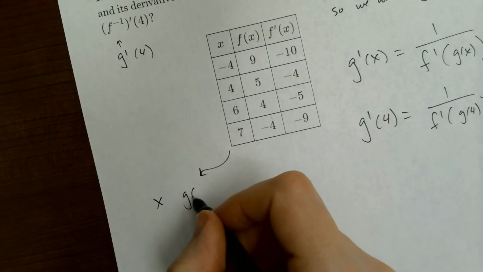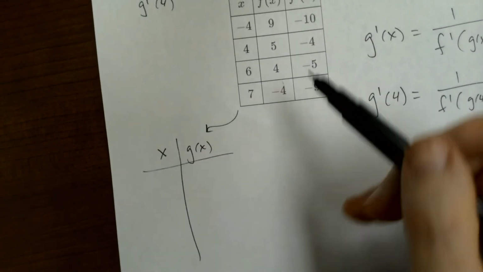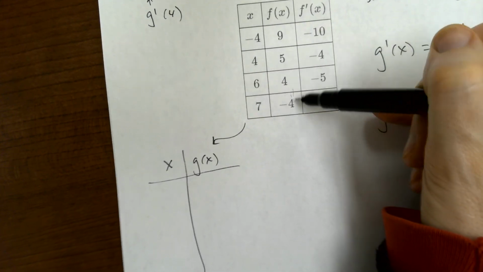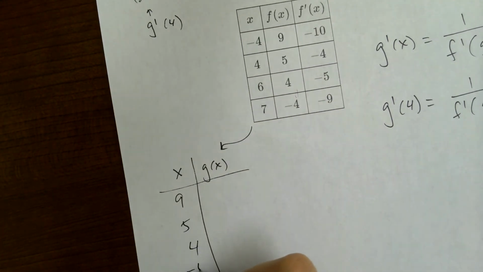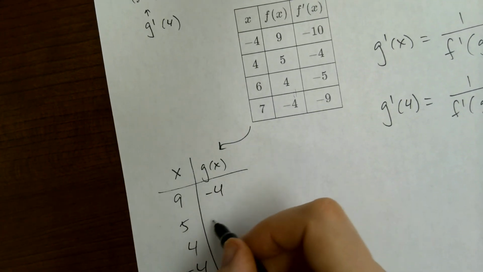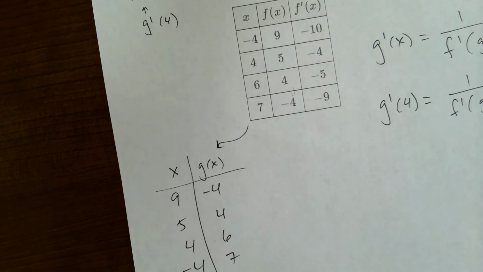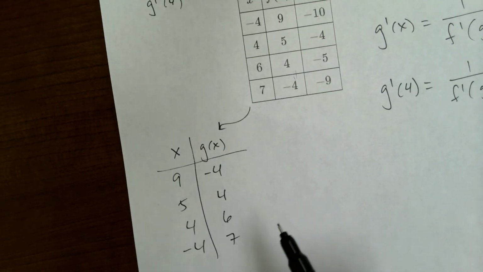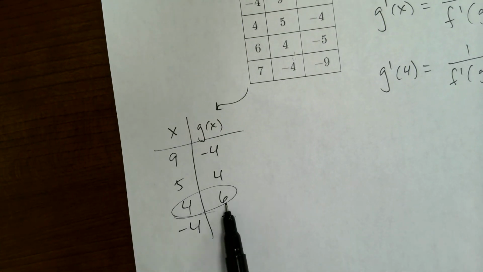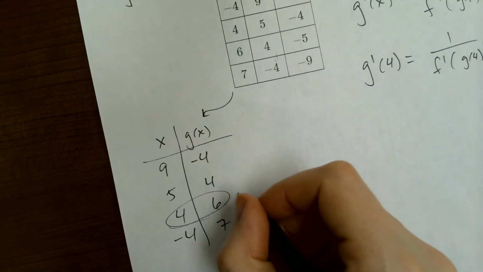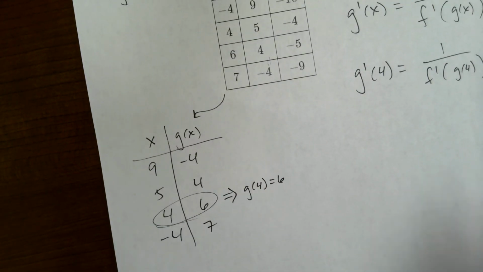The old outputs are the new inputs, and then negative 4, 4, 6, 7. So now you can see right here, g of 4 is 6.